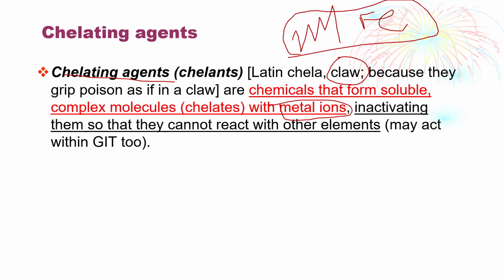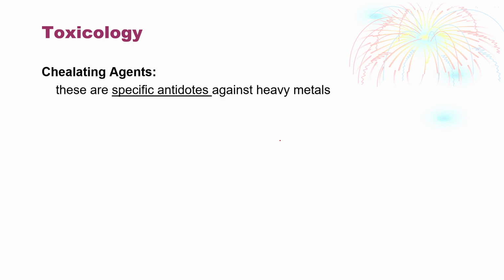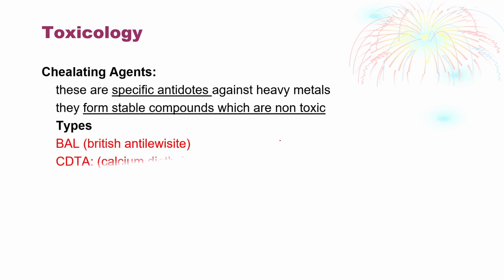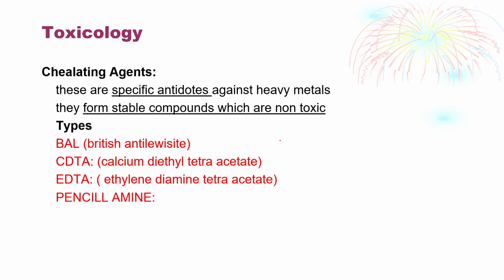They are actually metal lovers, and they convert the metals into inactivated forms which can easily be extracted from the body. The top chelating examples are BAL, British anti-lewisite, calcium disodium ethylene diamine tetraacetate, EDTA, and penicillamine. These are top examples for chelating agents, and they work on heavy metals. They have clawing, capturing properties.